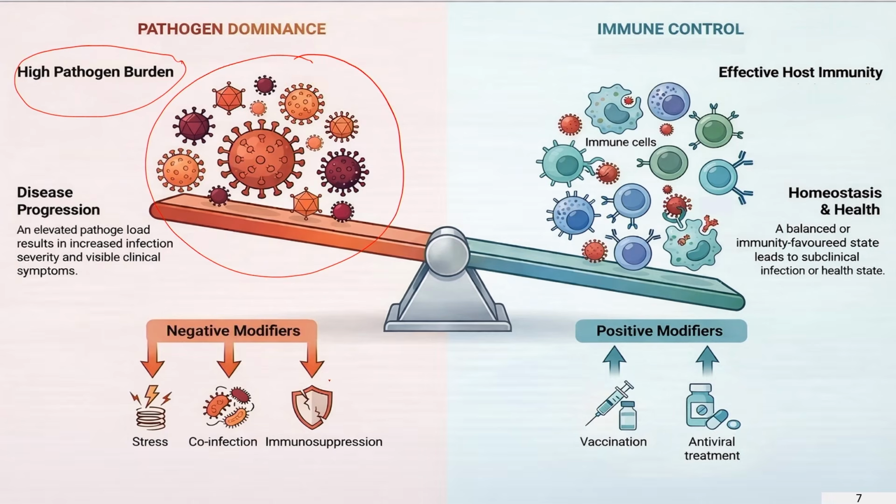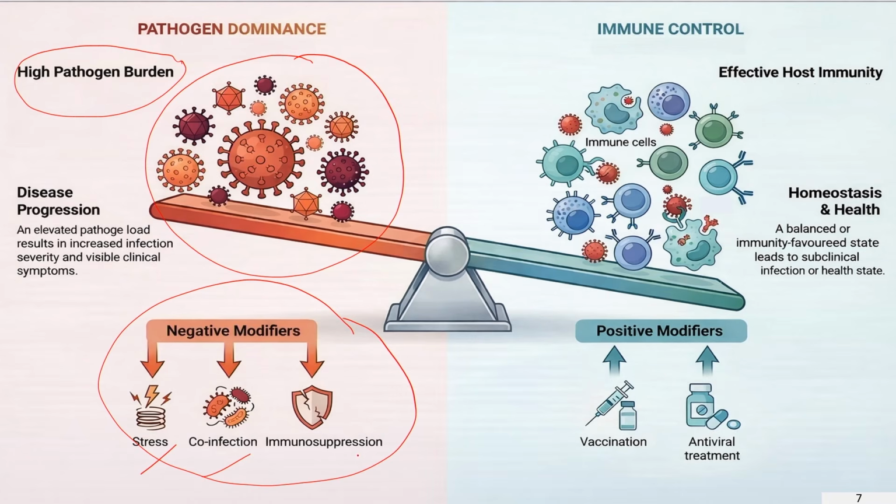These are some of the negative modifiers, and one of them is stress. We always encounter a lot of stress. Environmental pollutants are stress, mental stress, physical stress, and the type and amount of nutrients we take also give us stress. Of course, there are pathogens associated with this, and sometimes we see immunosuppression.